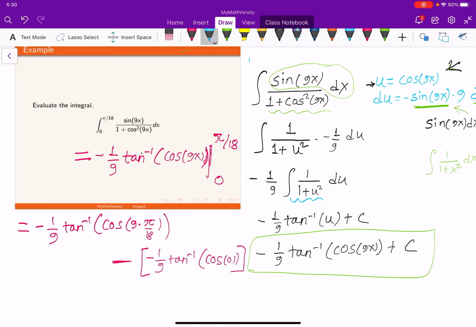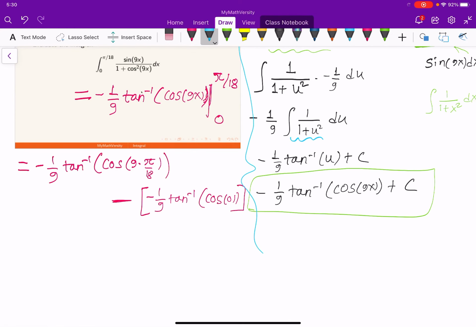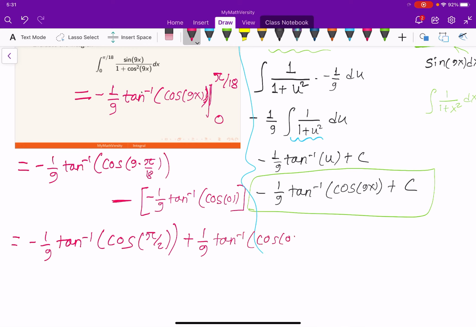So now let's try to simplify this. We have negative 1 over 9 and inverse tangent of cosine of 9 pi over 18, so we have cosine of pi over 2. And then negative negative positive, so we have positive 1 over 9 inverse tangent of cosine of 0.